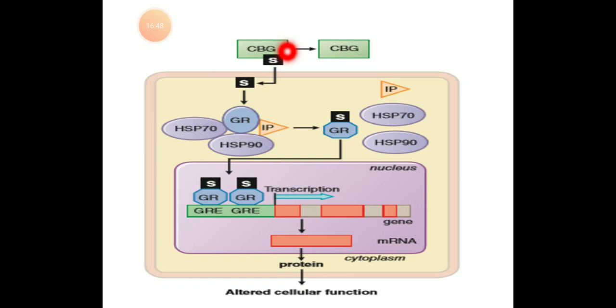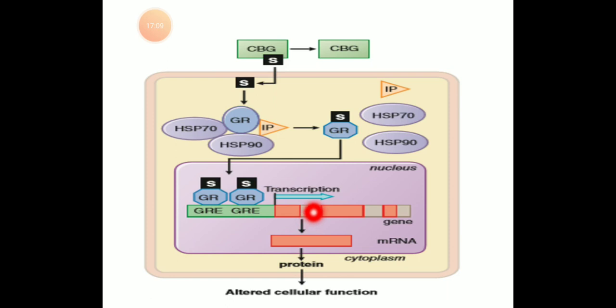When the steroid comes inside the cytoplasm, these all are separated, and this is immunophilin, and the steroid is binding with GR, that means the glucocorticoid receptor, and the whole thing is internalized. And there is a specific element called glucocorticoid response element.